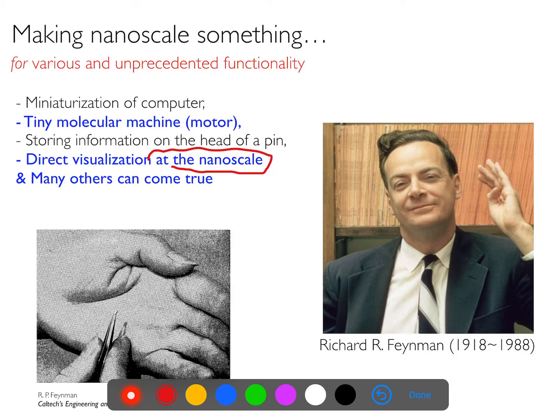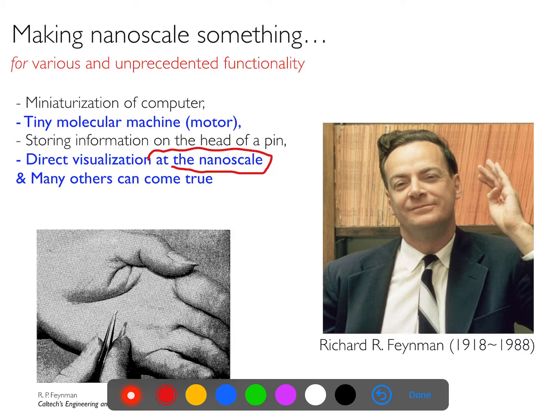Such electron microscopes cannot provide an in situ way of seeing what's going to happen in a realistic biological system, right? That's the reason why many people prefer to use the optical microscope rather than the electron microscope.